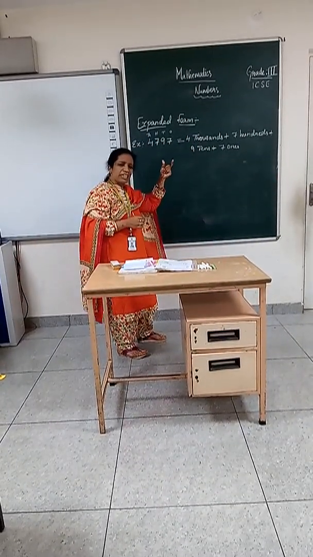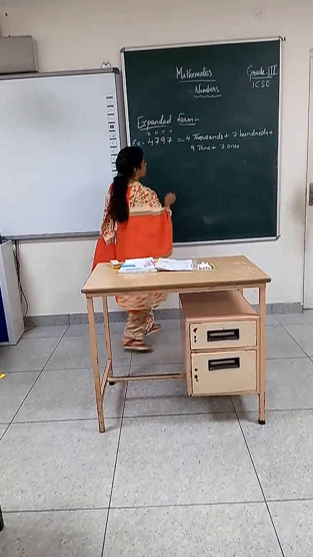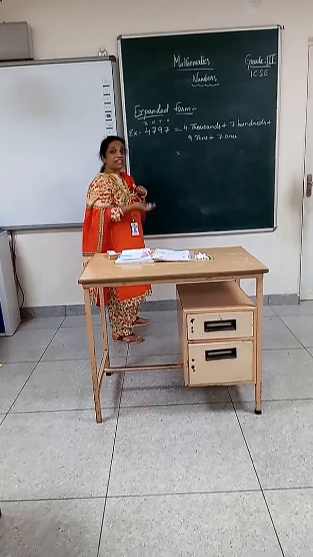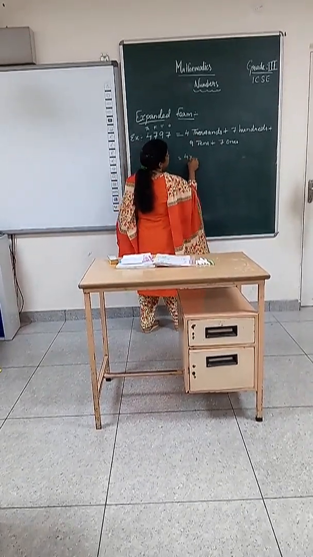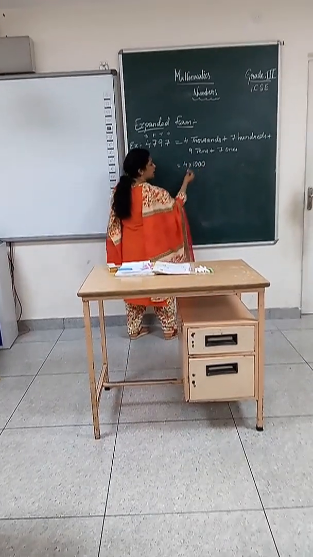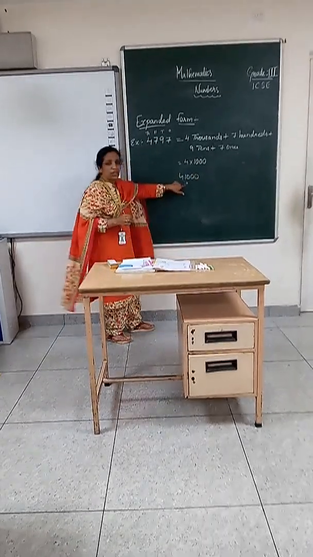We can reduce again still another short form, which is the other form. So I am going to write this. Instead of writing it in words, we can represent it in figures also. That is 4 into 1000. So you have to mention 4 into 1000. You cannot write it as just 4 and 1000. Then it becomes 41,000.